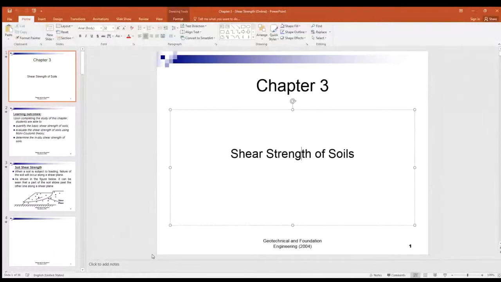Okay, now we are going into chapter 3, the shear strength of soil. Can you see the topic, the PowerPoint, chapter 3? Yes or no? I want to make sure everyone has seen this PowerPoint.